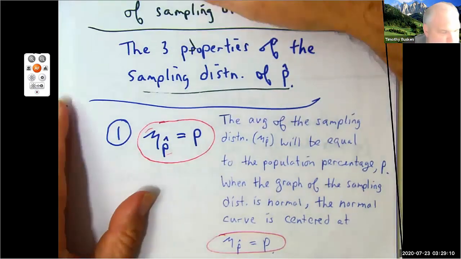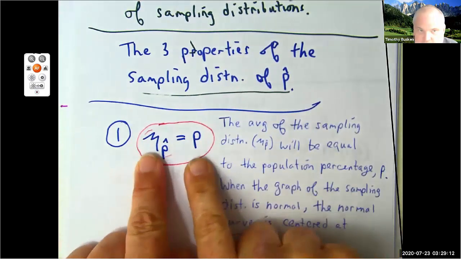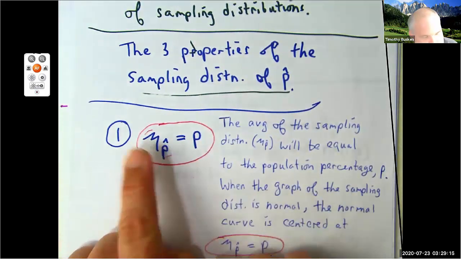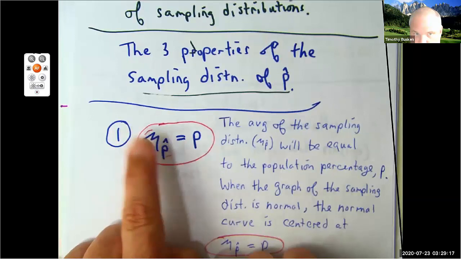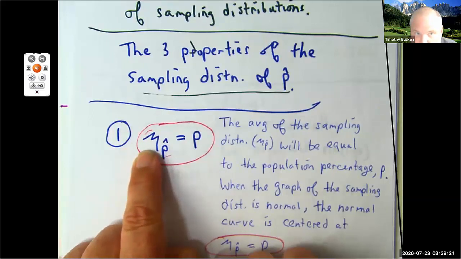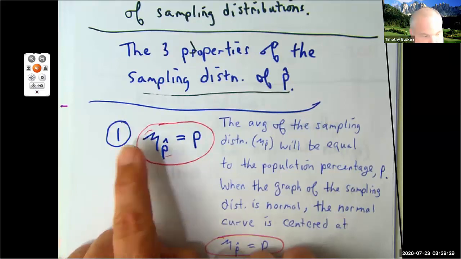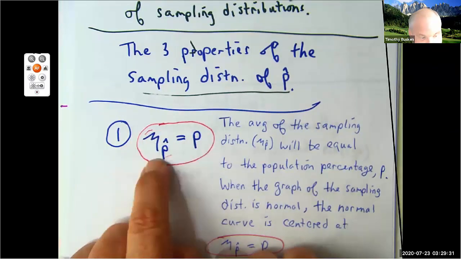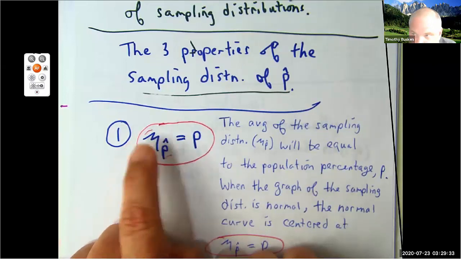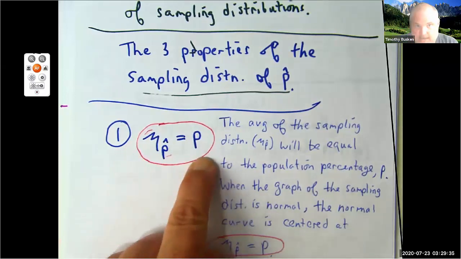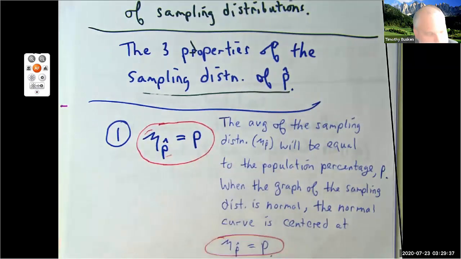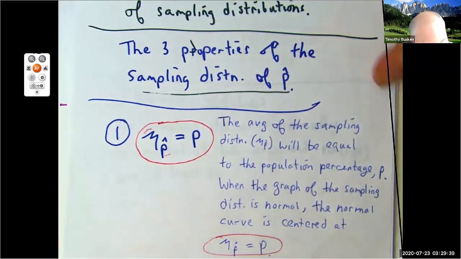So understand the difference between these two symbols. This is the symbol that is used for the average of the entire list of sample percentages. And the central limit theorem is a proof that says that the average of that list will equal the actual percentage of the population.